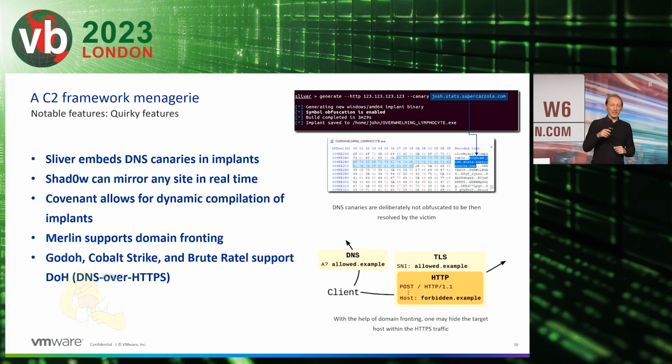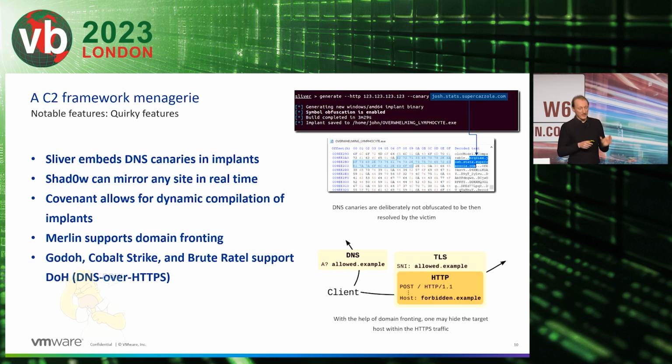Every now and then you see a quirky feature that a C2 framework supports, which sometimes makes you wonder whether you should switch, that useful they are. Sliver, for example, embeds DNS canaries in implants. Shadow can mirror any site in real time. Covenant supports dynamic compilation of commands that are sent to implants and of new implants themselves.